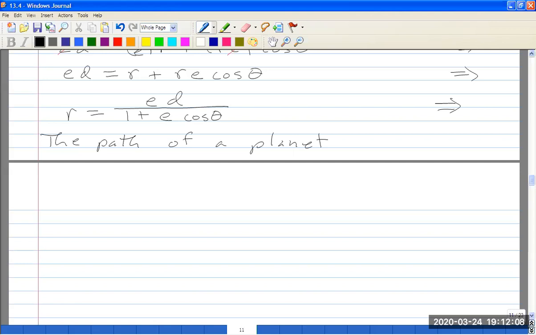Okay, but since we're assuming that a planet, by definition, has an orbit, then of the conic sections, there's only one, the ellipse, with the circle as a special case. And so the path of a planet is a conic section.